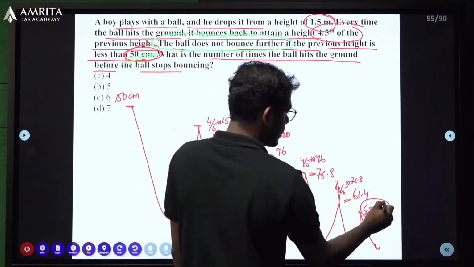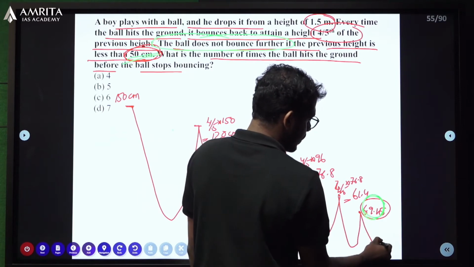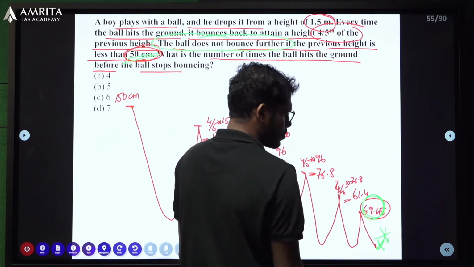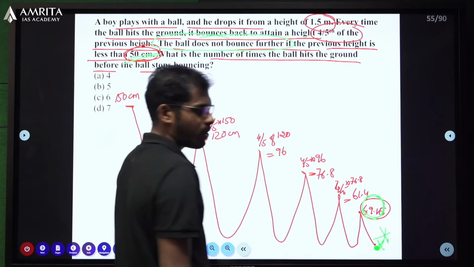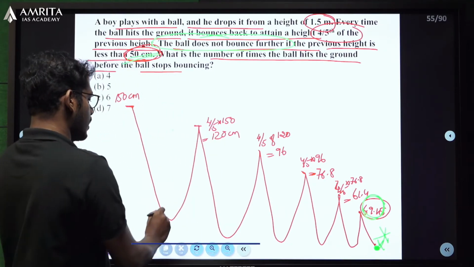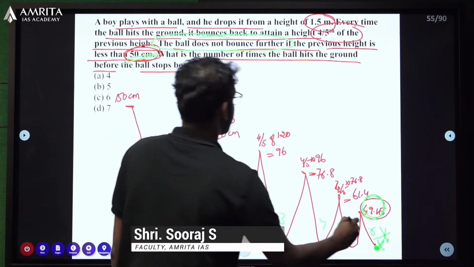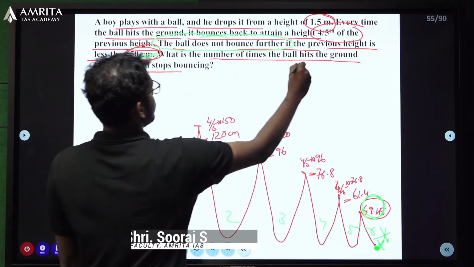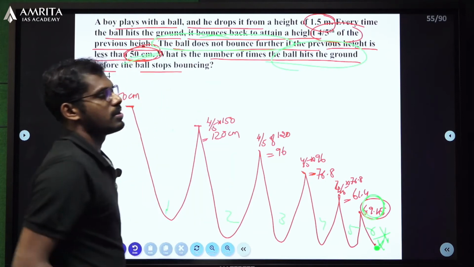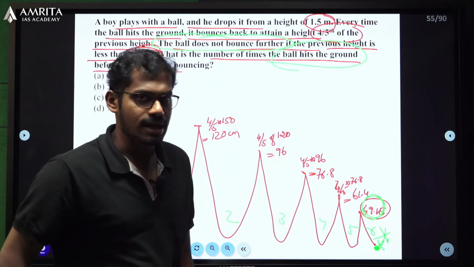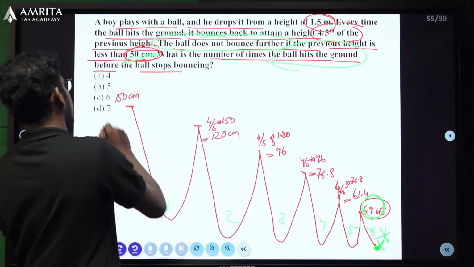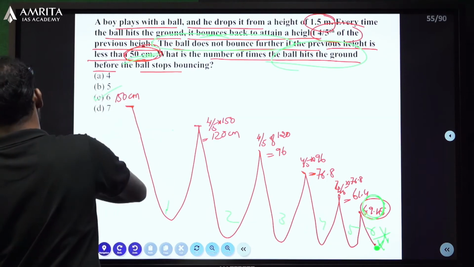So it will not bounce back. It will settle here. Clear? So the numbers are 1, 2, 3, 4, 5, 6. The question says, what is the number of times the ball hits the ground? The number of times the ball hits the ground is 6 times. Clear? So the answer is option C, 6.